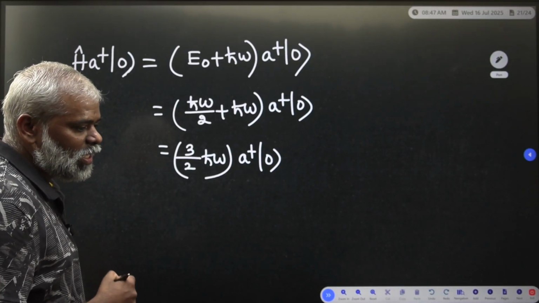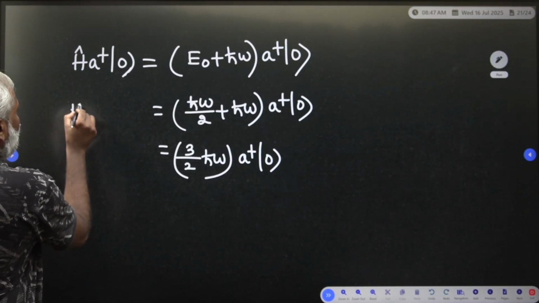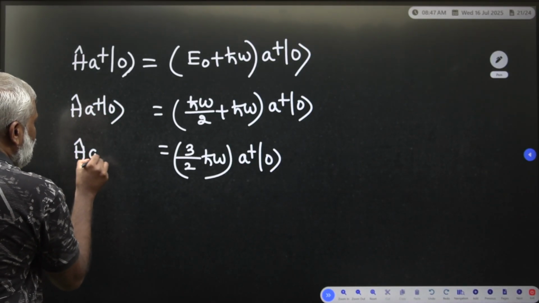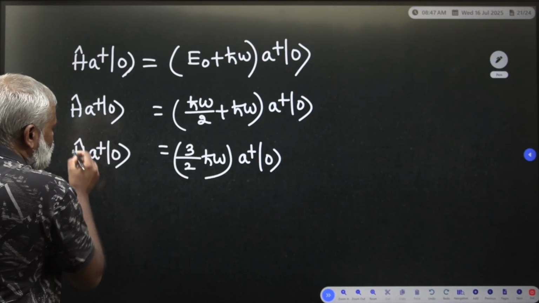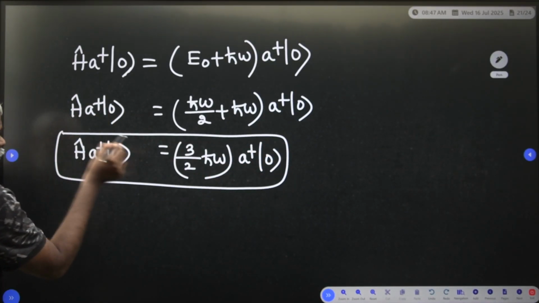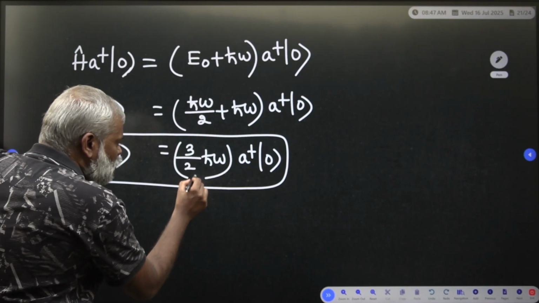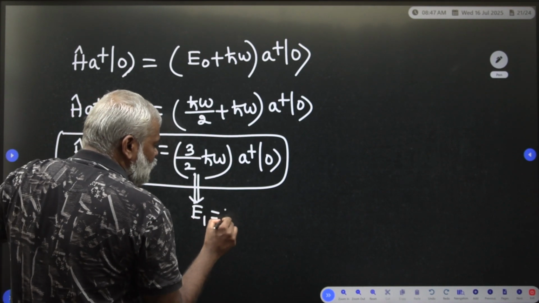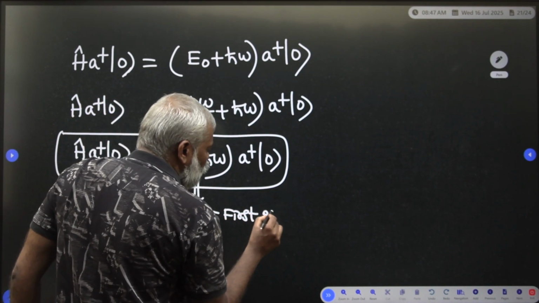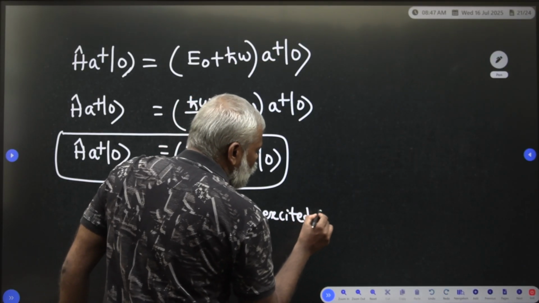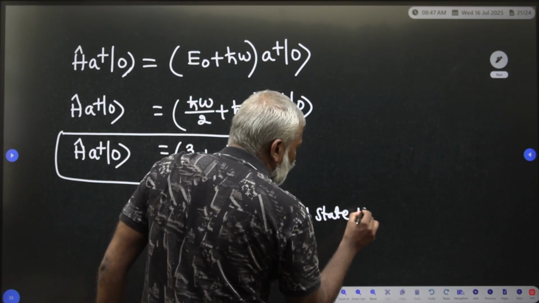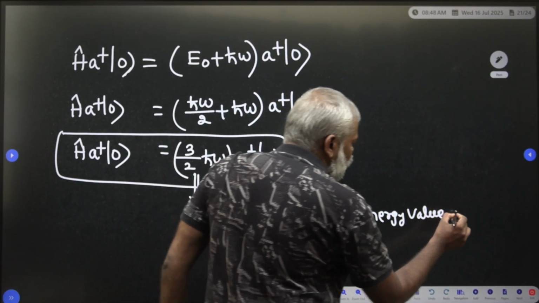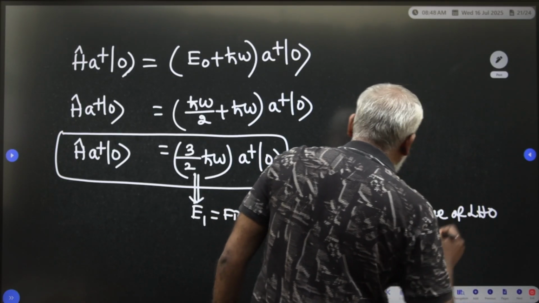Not only that, suppose you take H cap A dagger ket 0. This is the first excited state energy value, E1, the first excited state energy value of the linear harmonic oscillator.